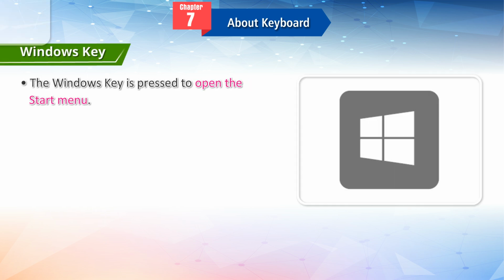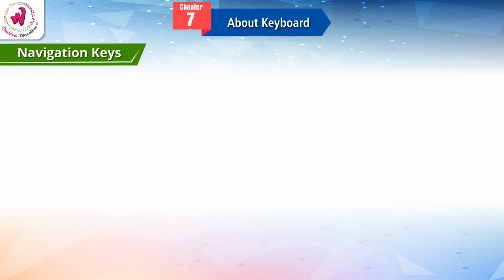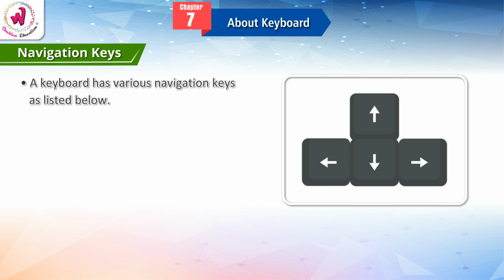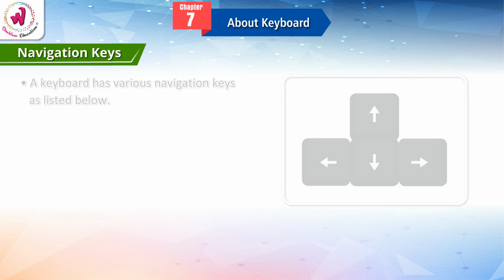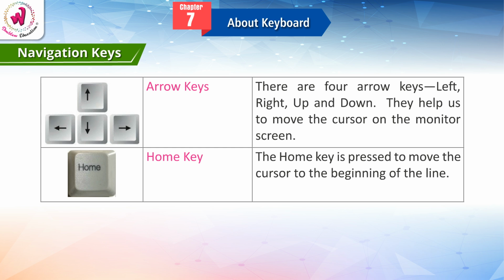Windows key. The Windows key is pressed to open the Start menu. Navigation keys. A keyboard has various navigation keys as listed below. Arrow keys. There are 4 arrow keys: left, right, up and down. They help us to move the cursor on the monitor screen. Home key.